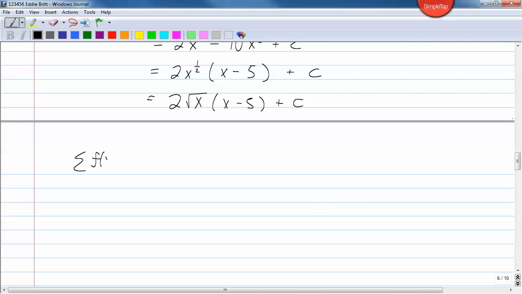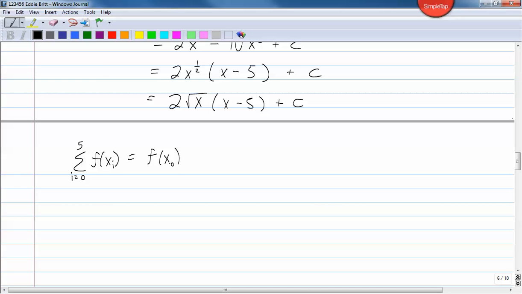So you're summing up some function, maybe f of x sub i, where i equals 0 to some number. What this would mean is you'd want to figure out what is f of x sub 0, or what is your initial x value.